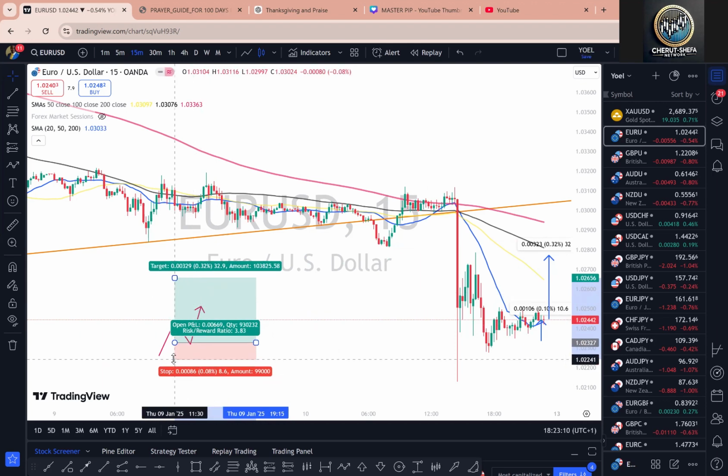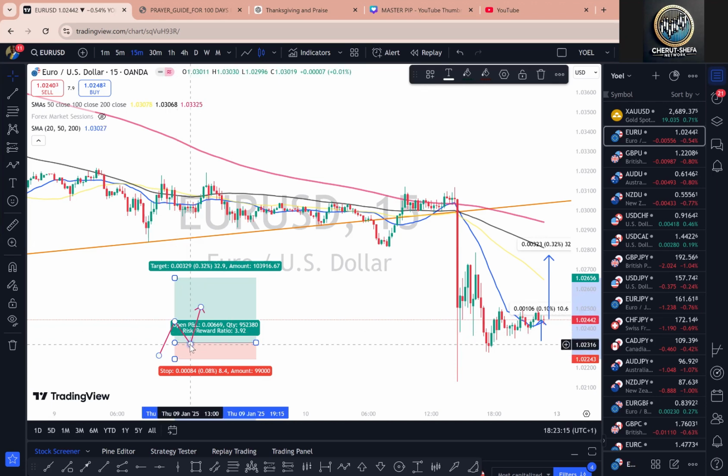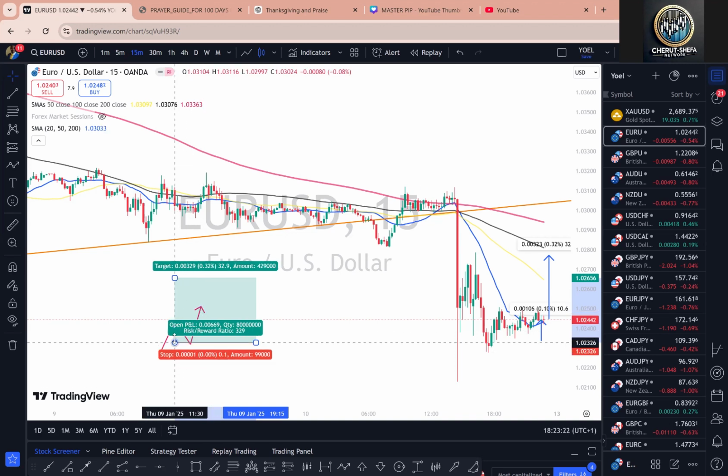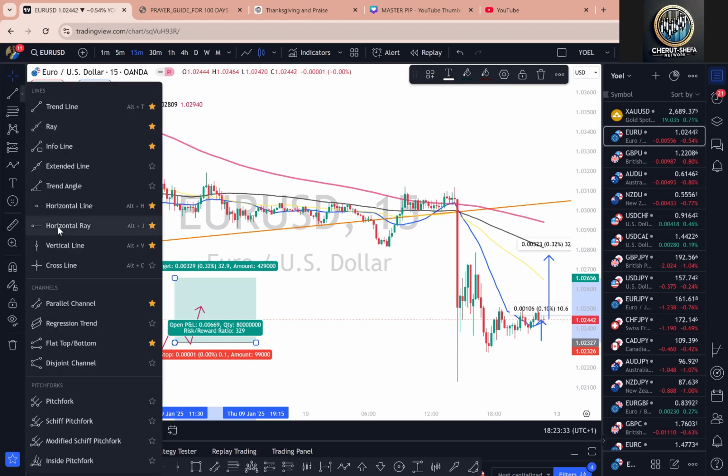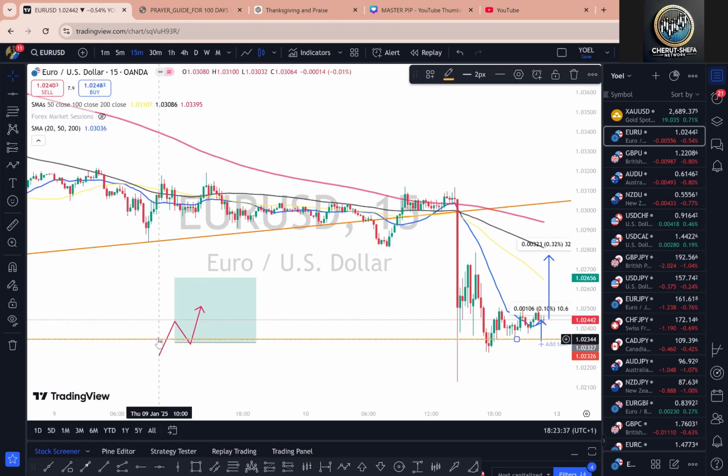Then this is your stop loss. The moment you enter, the price pushes up. Now, you are supposed to move your stop loss to your entry, a little bit above your entry, somewhere here. Let's say somewhere here. Yes, somewhere here. That is where your break even will be.